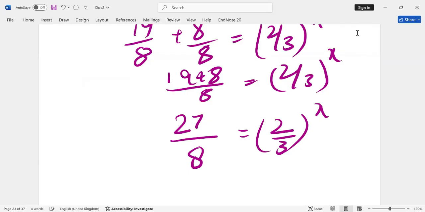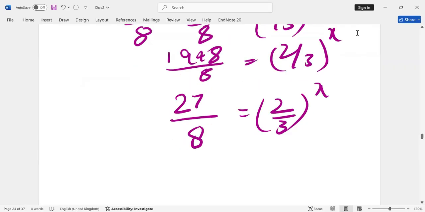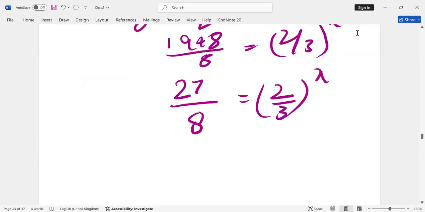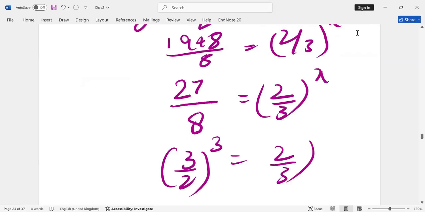Now rewrite both sides with a common base, since 27 is 3 cubed and 8 is 2 cubed. So we write in the base of 3/2: (3/2) cubed equals (2/3) to the power of x.